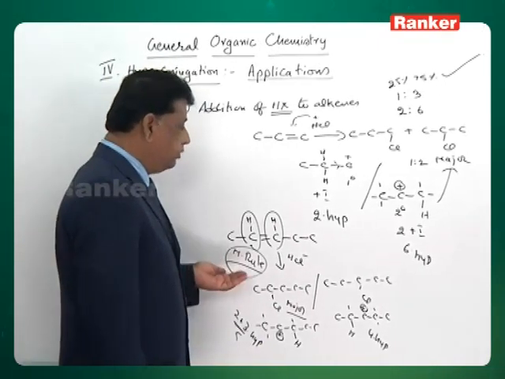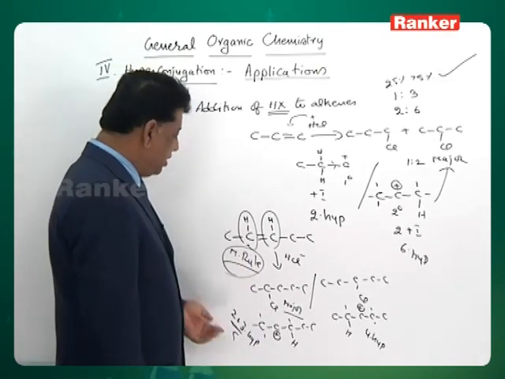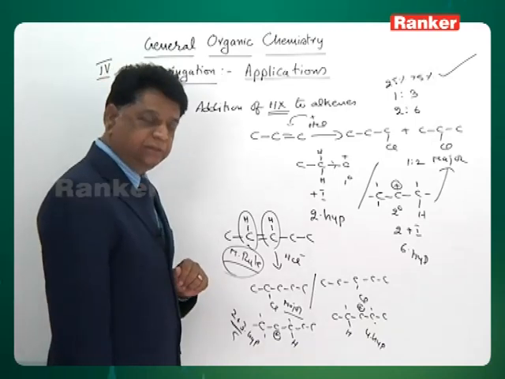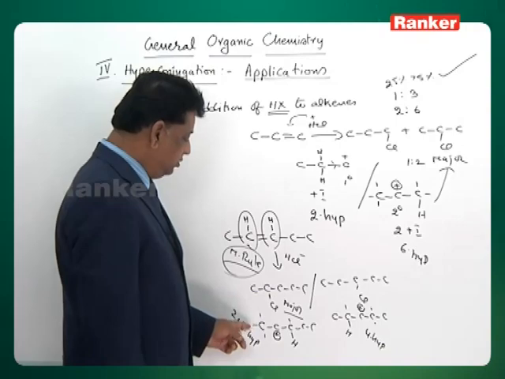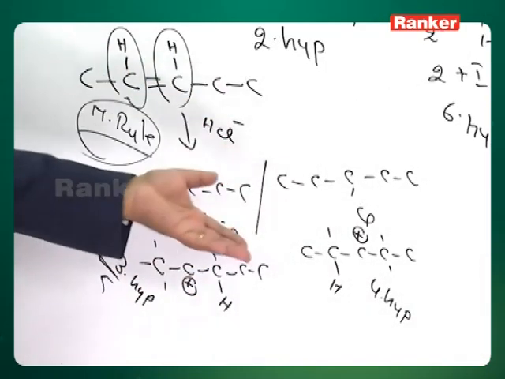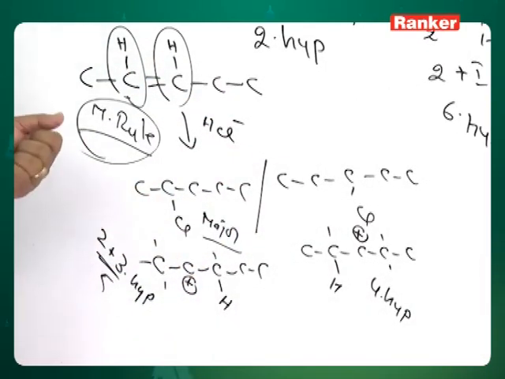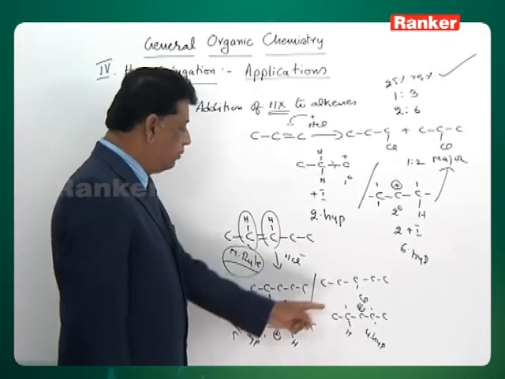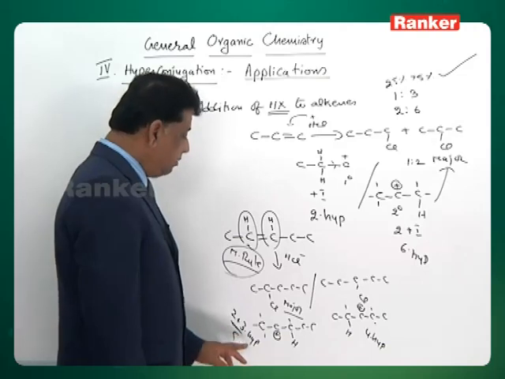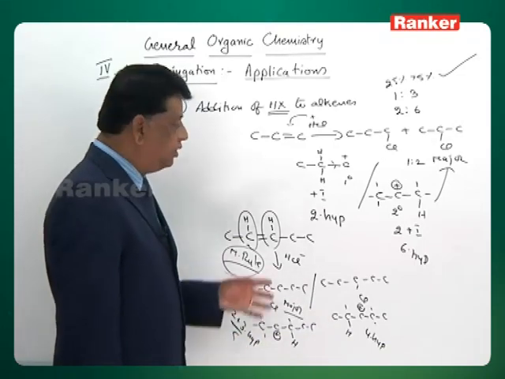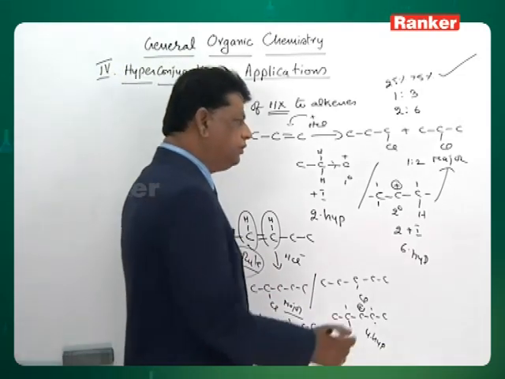That means hyperconjugation is able to decide where the Markovnikov rule fails, and where the application of the inductive effect, 2 inductive effects on each side, cannot decide the stability of the carbocation. But using the number of hyperconjugable hydrogens will result in this.